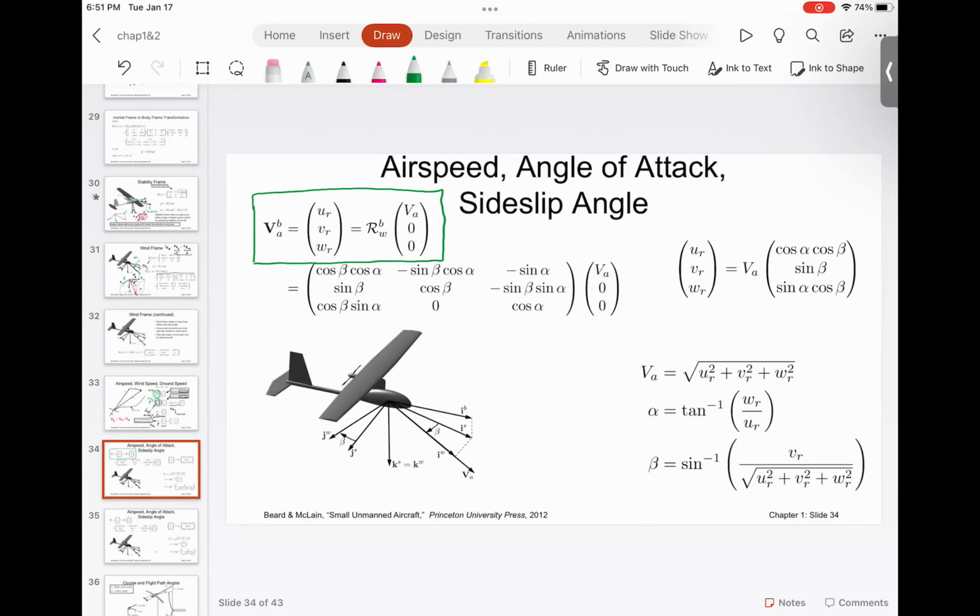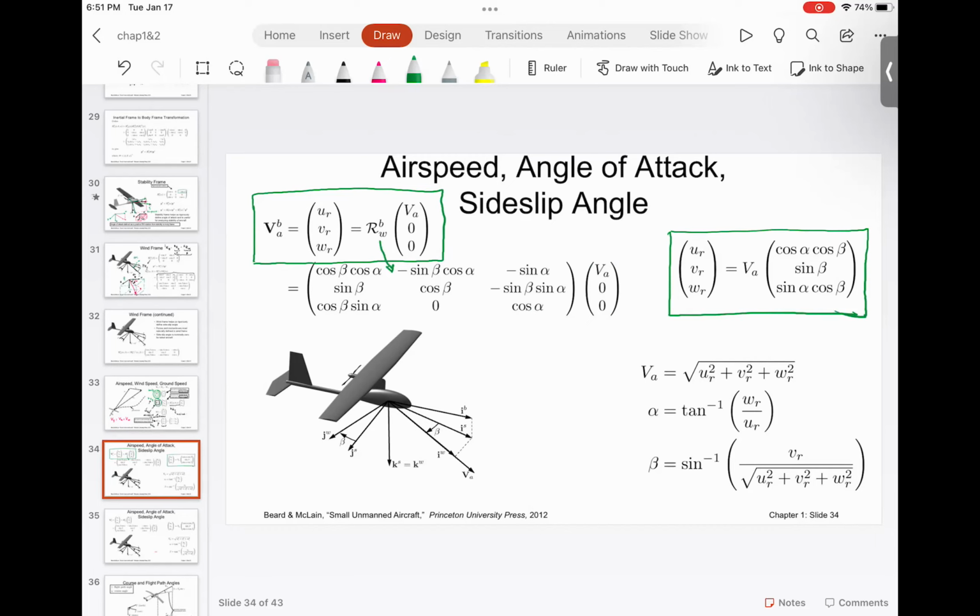If we take the component of airspeed in the body frame, that is the speed of the aircraft relative to the surrounding air. Everyone understood this? And once you substitute this and derive it, we get this final equation.